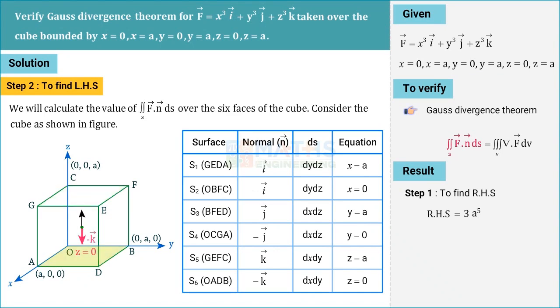Last surface OADB. The normal vector is negative direction of z-axis. That is minus k vector. Here z is equal to 0. So we get dz is equal to 0. We have x and y coordinates alone. So dS is equal to dx dy.